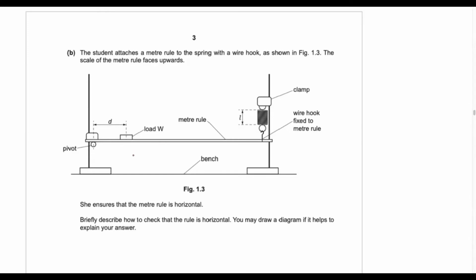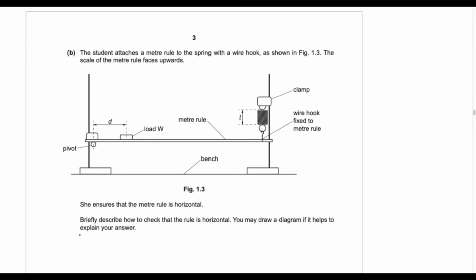She ensured that the meter rule is horizontal. Briefly describe how to check that the rule is horizontal. You may draw a diagram if it helps to explain your answer. To make sure it is horizontal, you can do many ways.